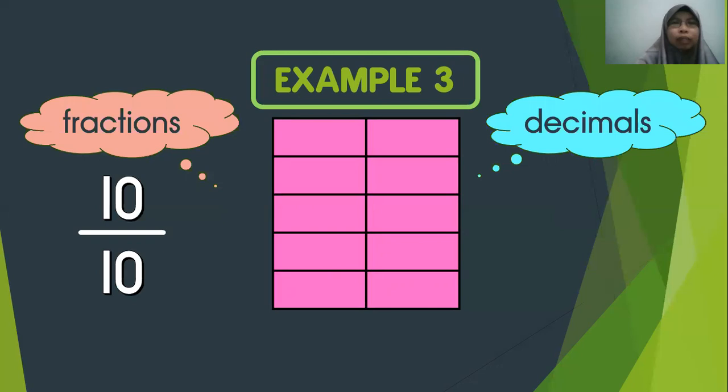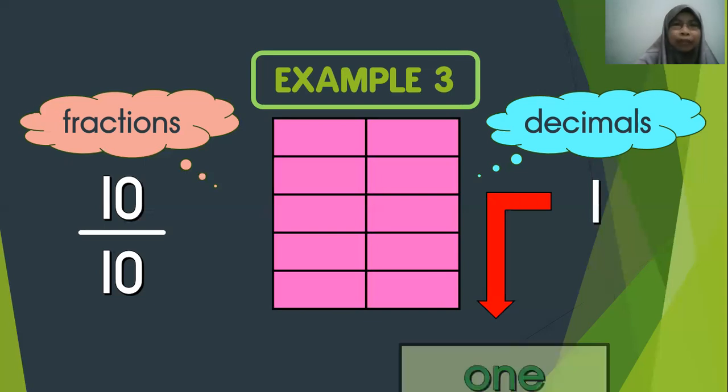Because it is 10 over 10, we must write as 1. 1 means that all the parts we have colored, all parts shaded. So if the number of shaded parts is the same as the number of all parts, 10 over 10, we write as 1 in the form of decimal. So in words, we spell 1.